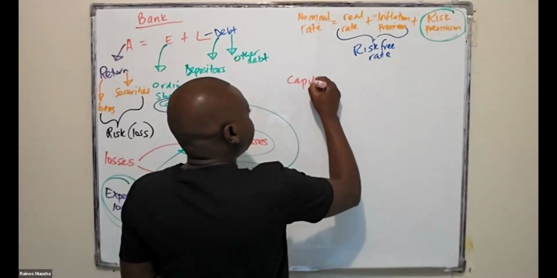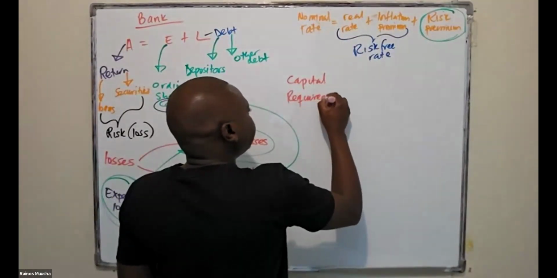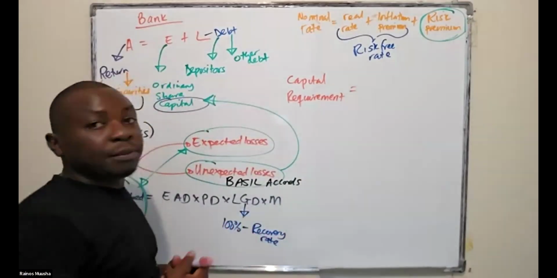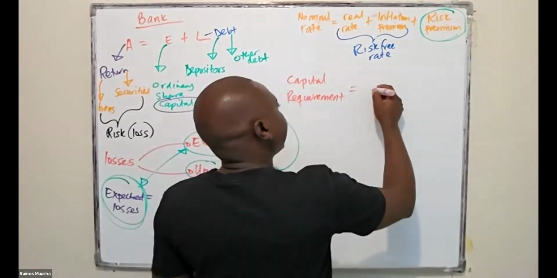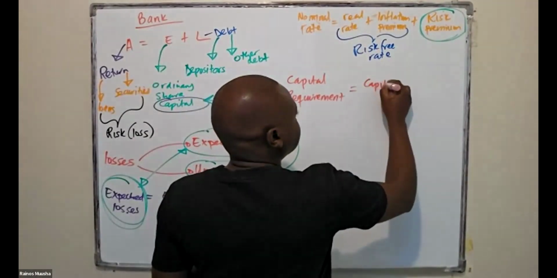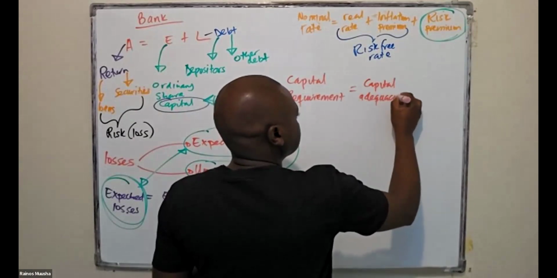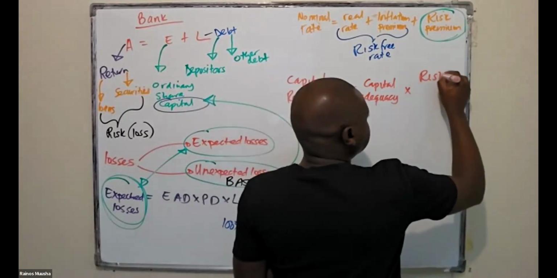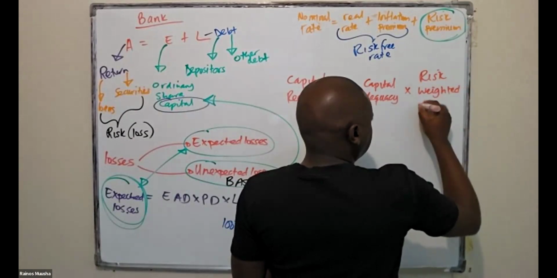Your capital requirement, in simple terms, when you look at the Basel Accords, is given as your capital adequacy multiplied by the value of your risk-weighted assets.